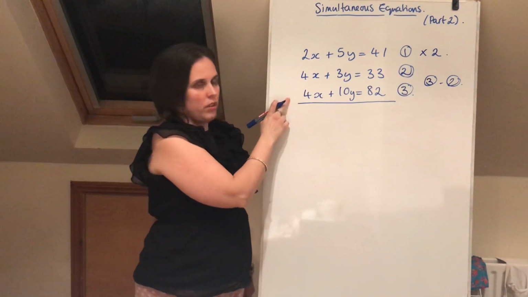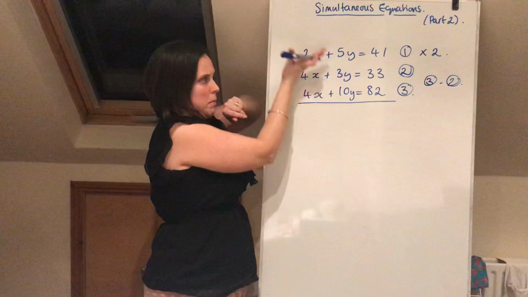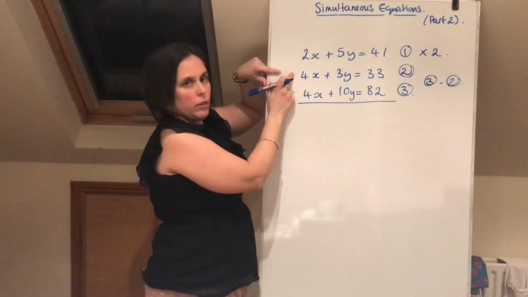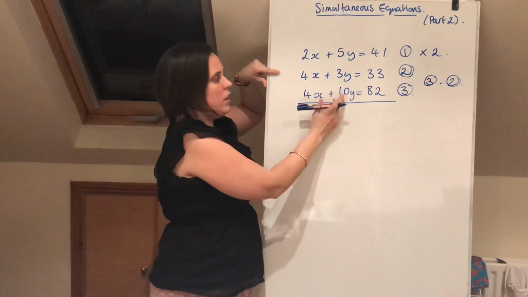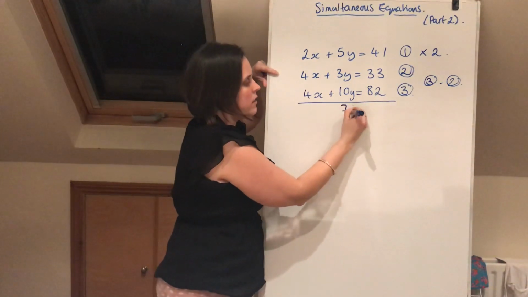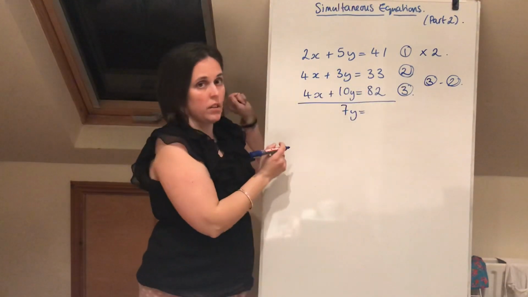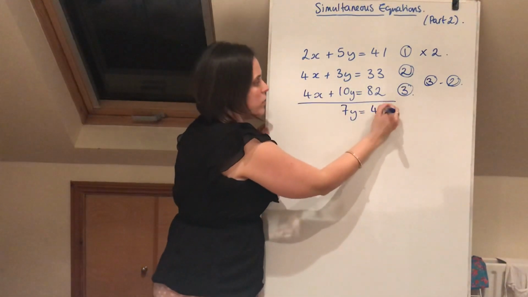So let's go through it. We're doing equation 3, remember this line, take away this line, so it's back to front. 4x take away 4x goes, 10y take away 3y is 7y, and 82 take away 33 is 49.